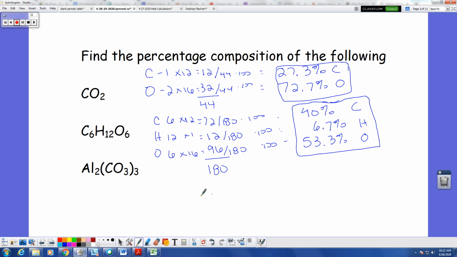Okay, and so then the last one, let me change colors because I'm afraid I might run into myself. Al, C, and O, 2, 3, and 9.